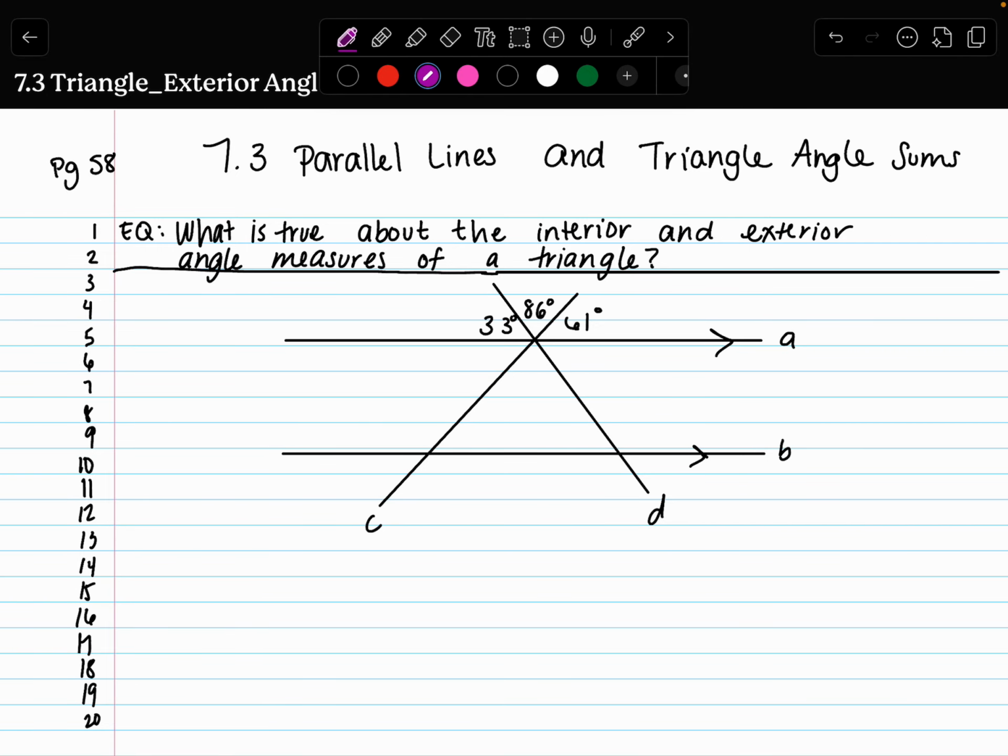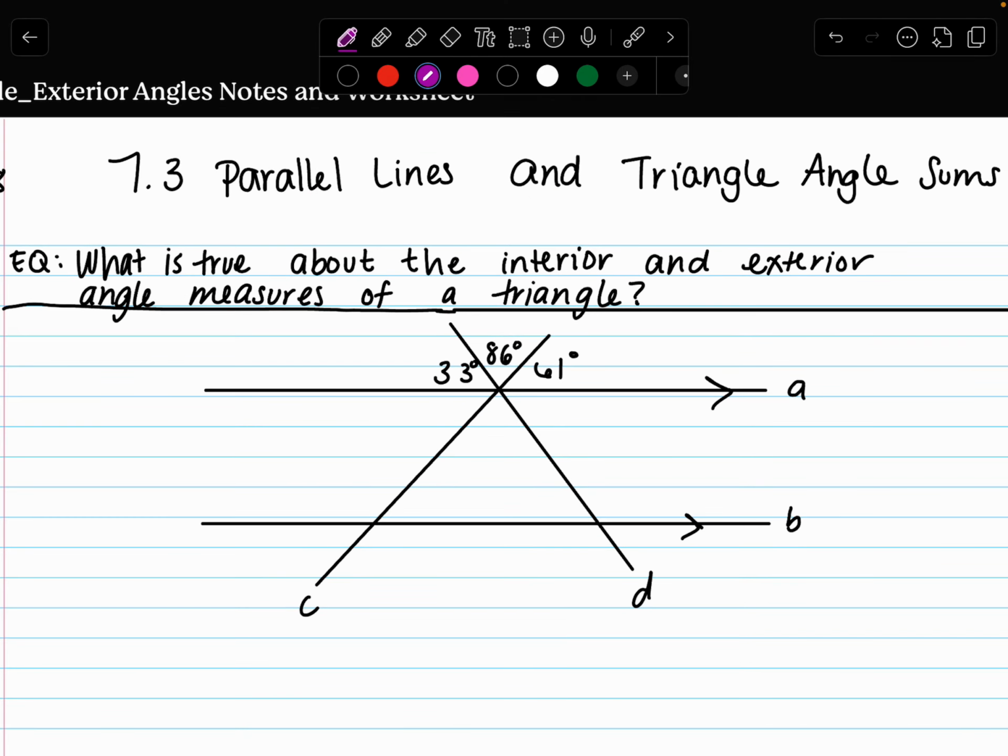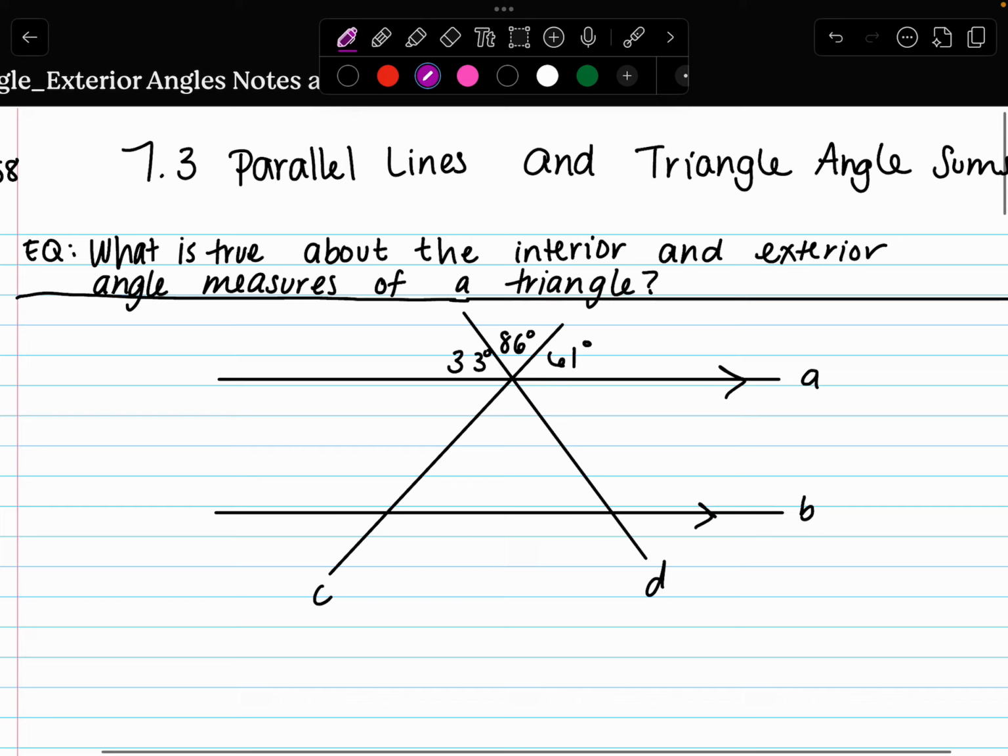So the reason why a triangle equals 180 is because if I have two parallel lines, this angle and this angle will be the same by corresponding angles. So 61 degrees and 86 is vertical.